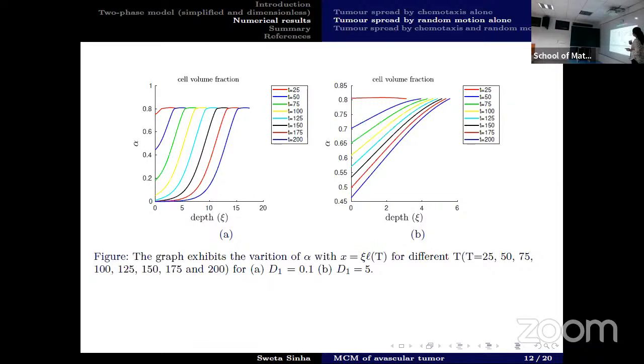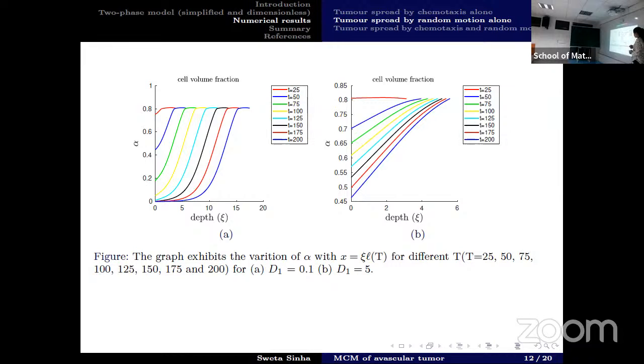Now we see the results when we have taken random motion alone, that is, we have varied D1 and taken delta 1, delta 2, D2 as 0. What we observe in figure A is that when we take D1 is equal to 0.1, the volume fraction here is 0.